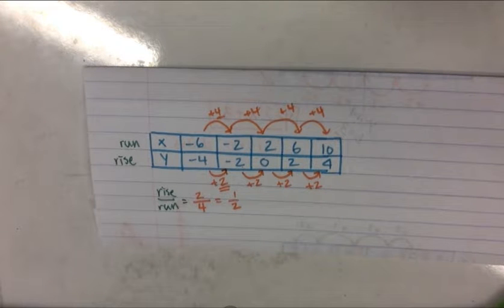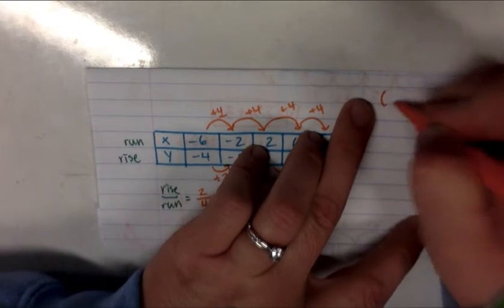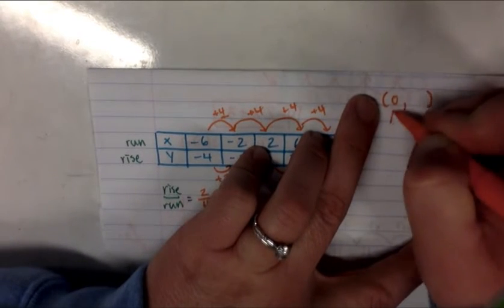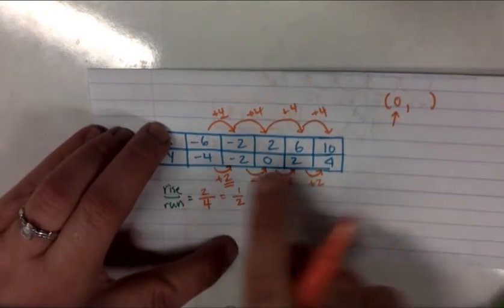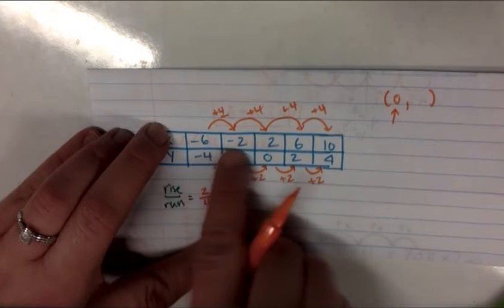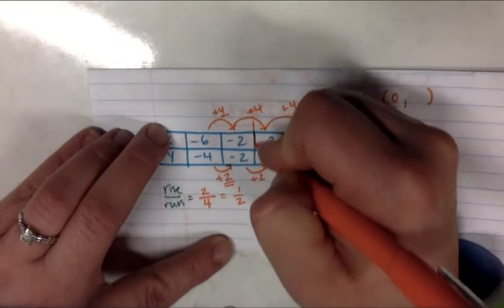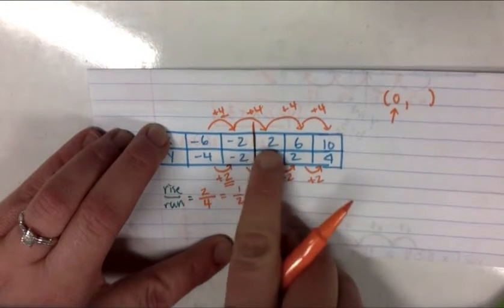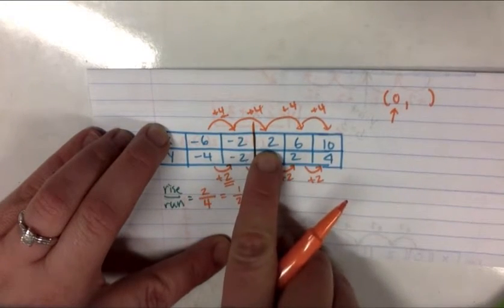First, I need to identify where my y-intercept is going to be located. And y-intercept always happens at this value for x. So I need to have my x value be 0. And if I look at this, I'm going from negative numbers to positive numbers. That means the 0 is happening right in here in between this -2 to 2.